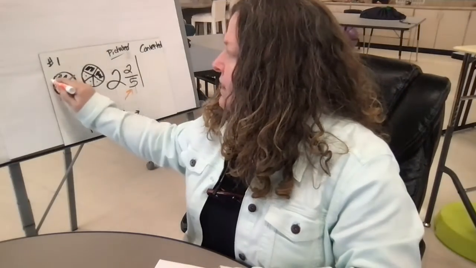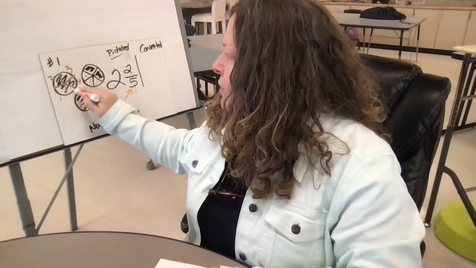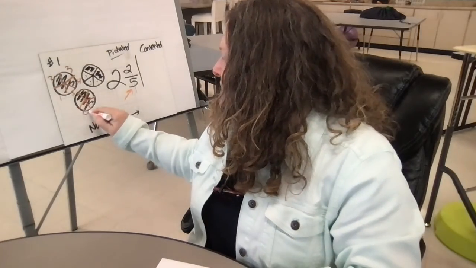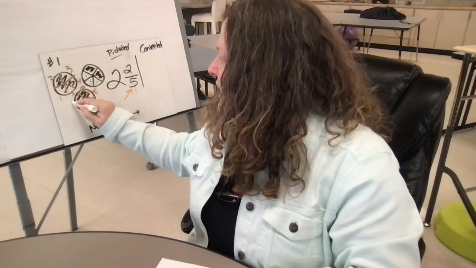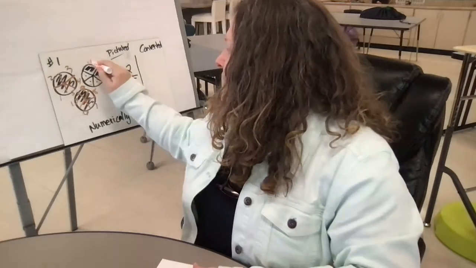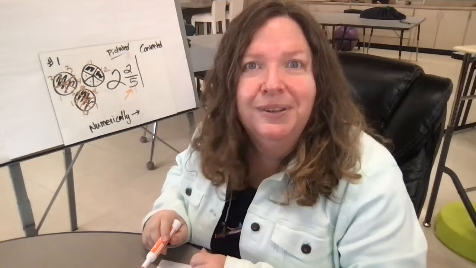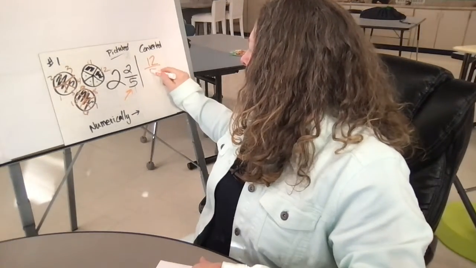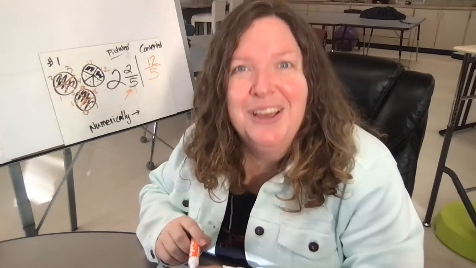Well, we know there's 1, 2, 3, 4, 5 fifths there. 6, 7, 8, 9. Now we've gotten to 10 fifths, 11, 12. So there are 12 pieces the size of fifths.